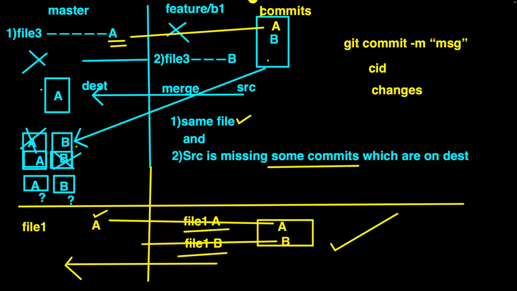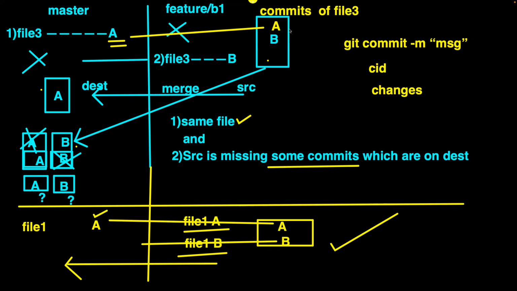Let me complete. Commits of file 3. Here I'm talking about the list of commits of only this particular file, which is the same file we are merging. We are trying to merge changes of the same file.